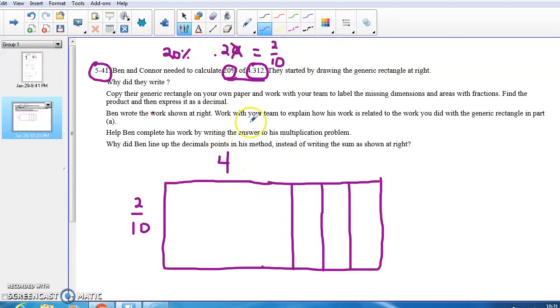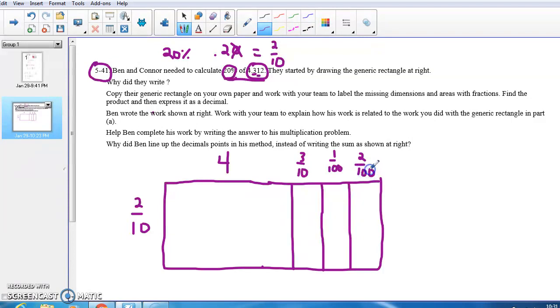Boom. Okay, I know that 3 is in the tenths place, so I would write that 3 as 3/10. The 1 is in the hundredths place, so I would say that's 1/100th. And last but not least, that 2 is in the thousandths place, so that's equivalent to 2/1000ths.